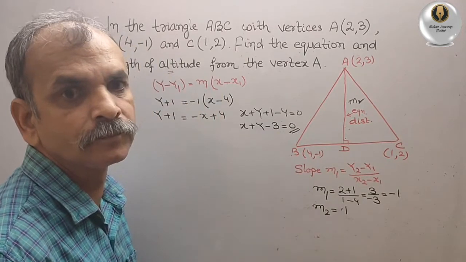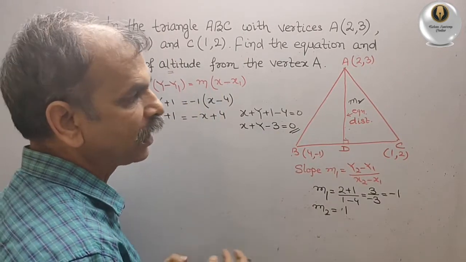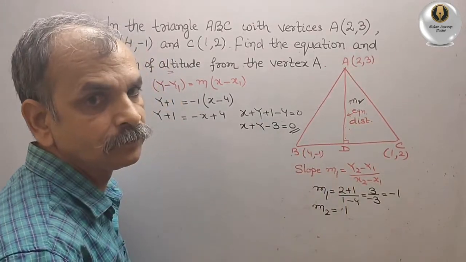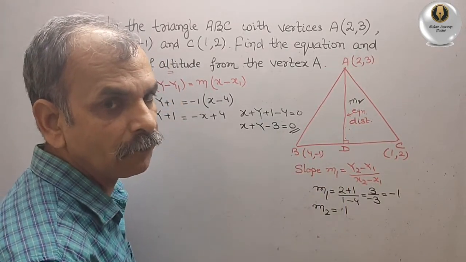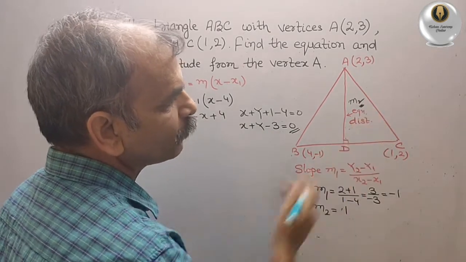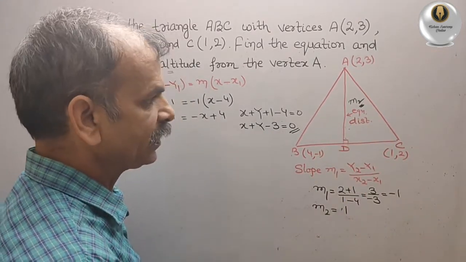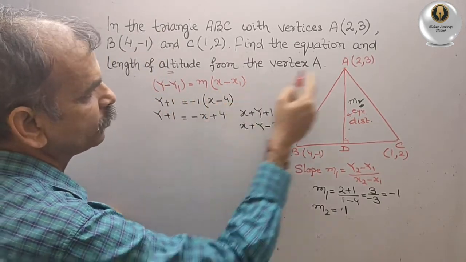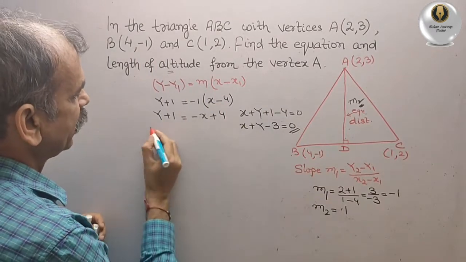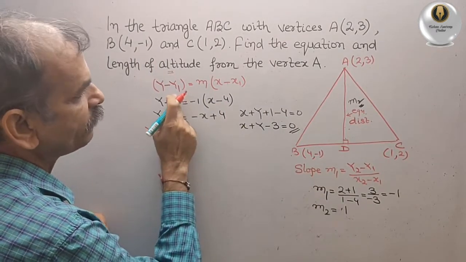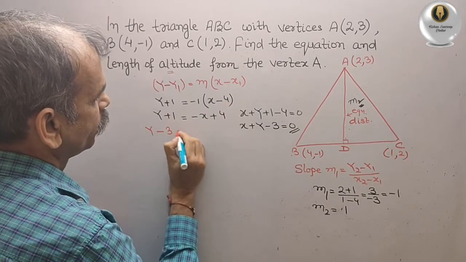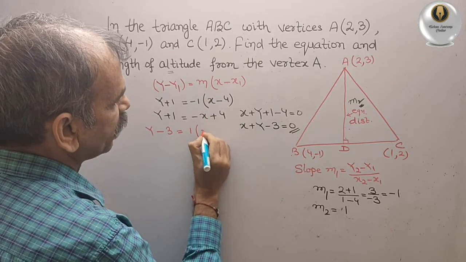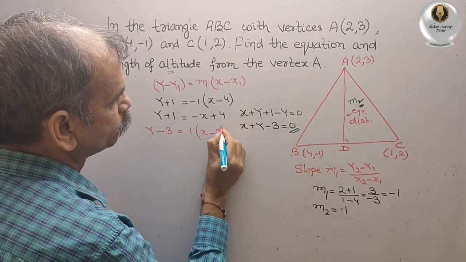Now we will find out the equation of this line. How we will find out? We know the slope, that is your M2. So now the equation is, same, put the values. We know the point is 2 and 3. We will get y minus y1, which is 3, is equal to m, which is 1, into x minus x1, which is 2.